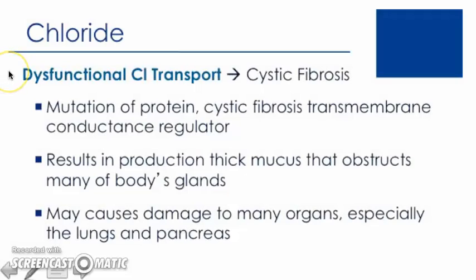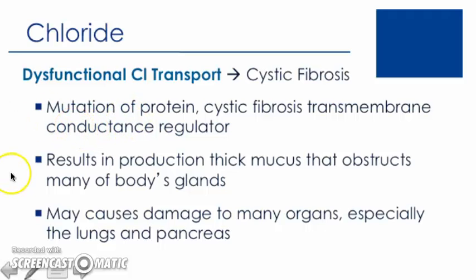We see here that a subportion of the population actually will exhibit what's called a dysfunctional chloride transport, and those are individuals with cystic fibrosis. With this, there's a mutation of this protein called cystic fibrosis transmembrane conductance regulator.